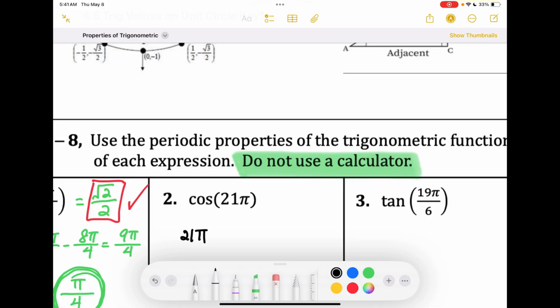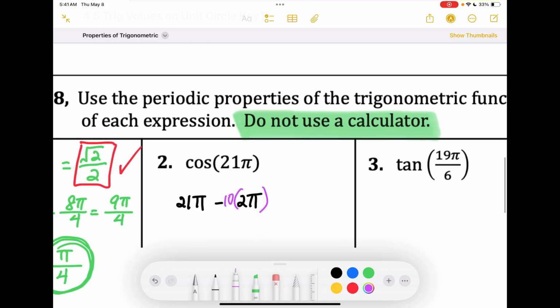All right, moving on. You do not see 21 pi on the unit circle, but you do know that it is too big. I'm going to minus 2 pi. 21 minus 2 will be 19. Well, still not there. 2 pi times 10 will be 20 pi, so 21 pi minus 20 pi, and once I subtract that, I get pi.